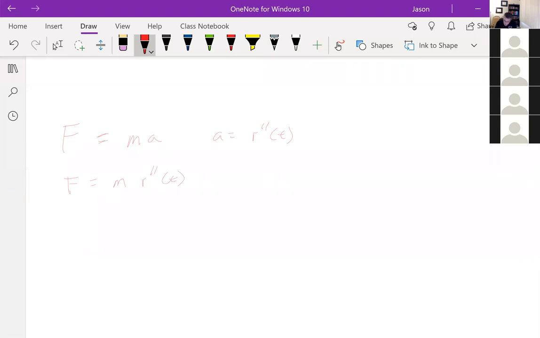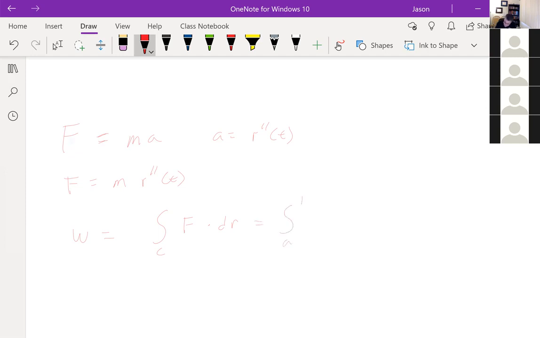Okay, so I want to know what's the work done here, in my line integral over this force field, over this vector field, with respect to r, with respect to my position. So what's the line integral going to be here?